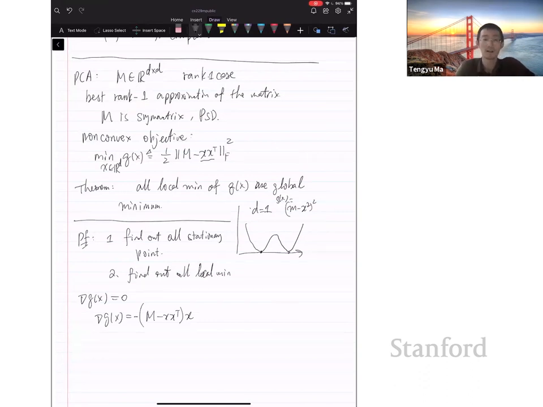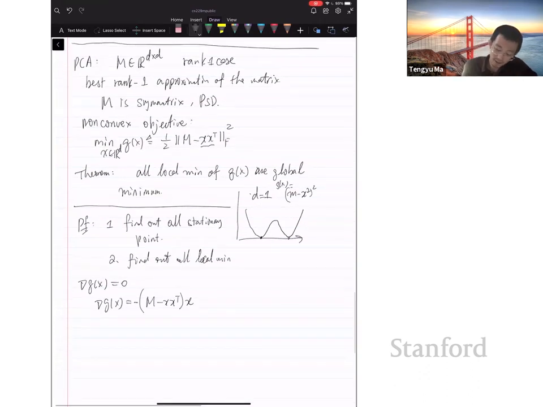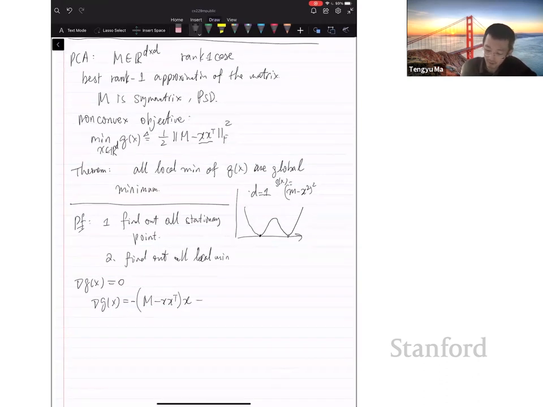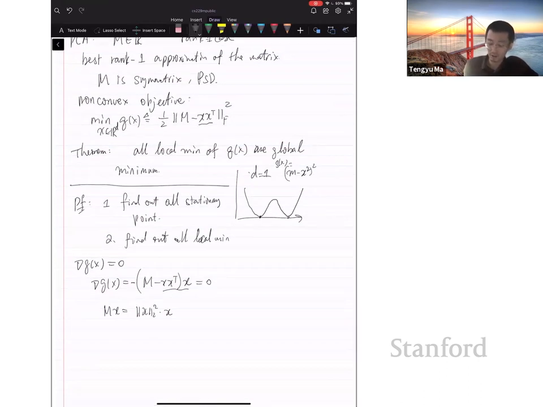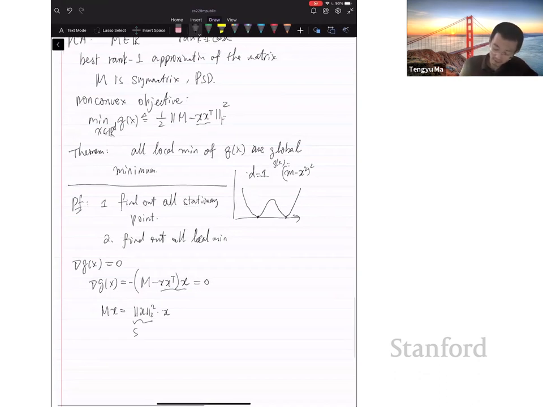Then you have the gradient, and let's write out what 0 means. This means M times x equals the 2 norm of x squared times x, right? Because the last two things together become the 2 norm of x squared, and that's a scalar. You can switch the sign and the order, and you get this.